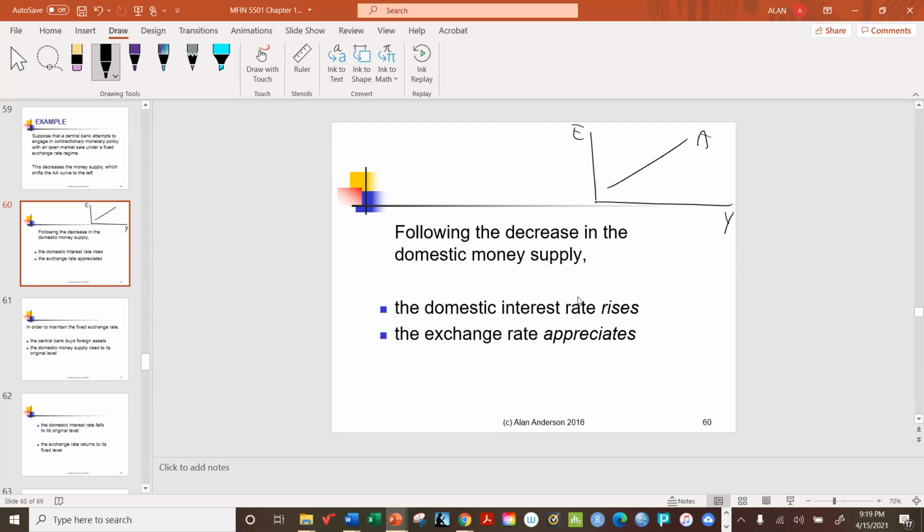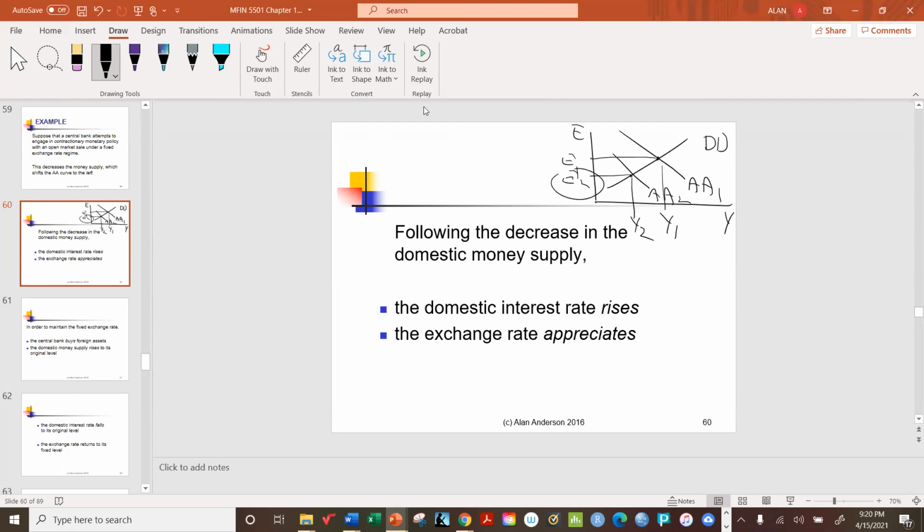All right, so we go from here. Oh, whoops, wrong one. So you can see that the domestic currency gets stronger, but the economy slows down.